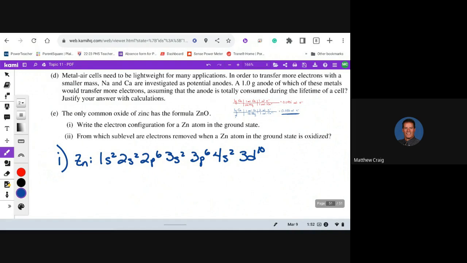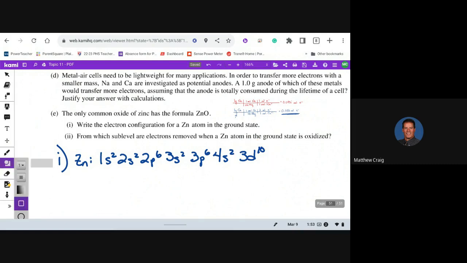All right. Double I. From which sublevel are electrons removed when a zinc atom in its ground state is oxidized? What the heck does oxidize mean? Losing electrons. How many is it going to lose? 2. And it does normally have a +2 charge. So are we going to lose 2 electrons from the 3d10? No. Why? The weird rule. And plus, the 4s will give it up.